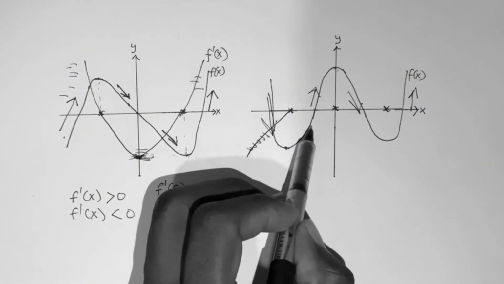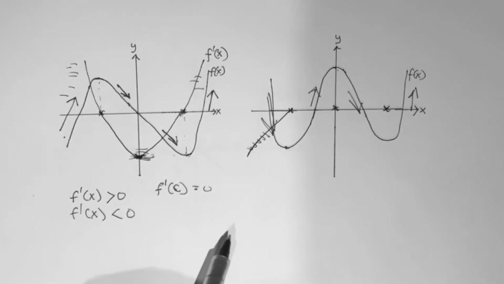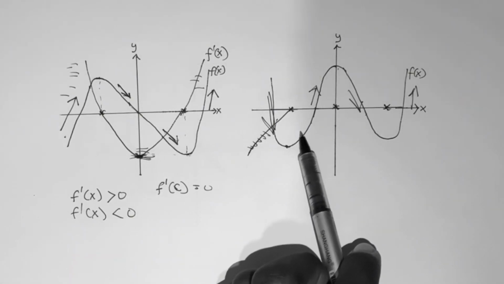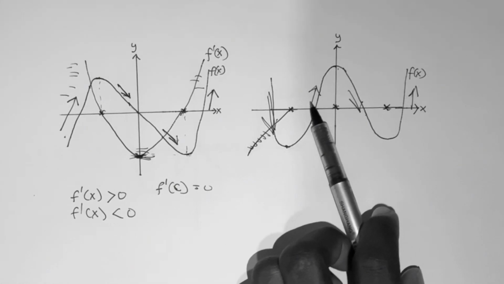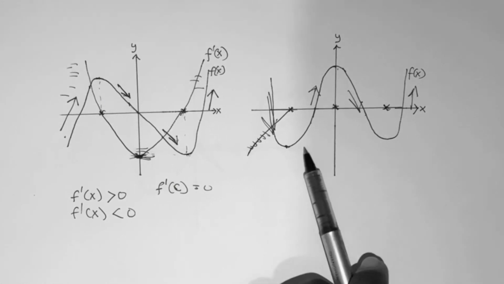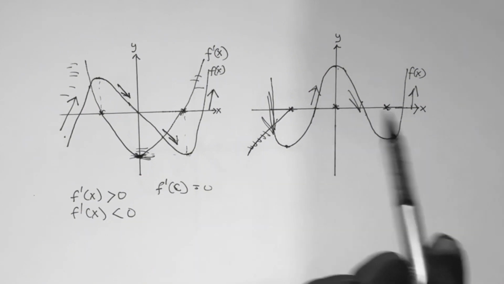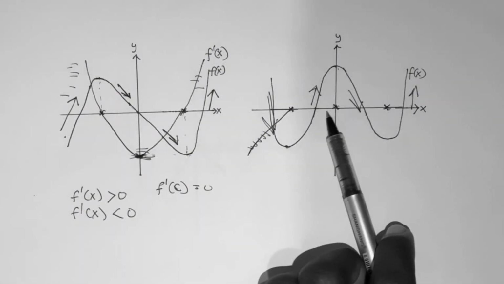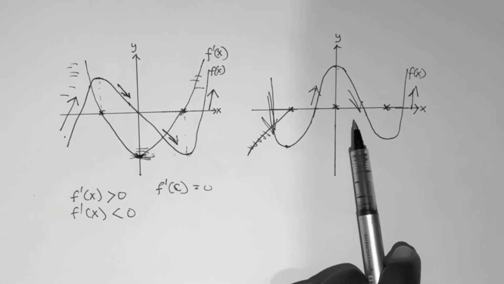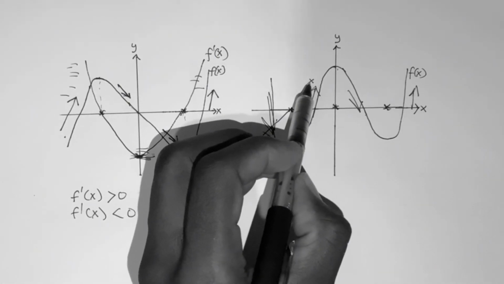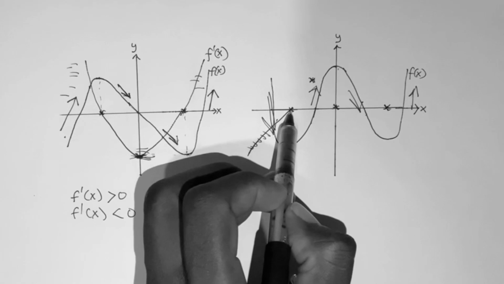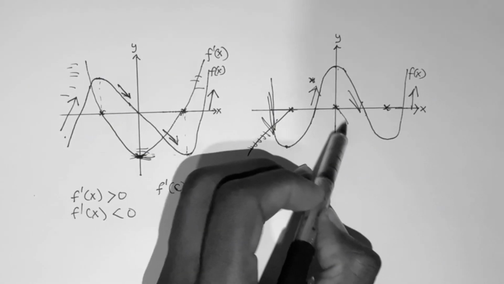But now there is a point of inflection here, and we know that the function is increasing then decreasing. So that means that we are moving from a positive to a negative. If we are moving from a positive to a negative, then the point of inflection is a local maximum, and therefore this point of inflection on f prime of x is going to be a local maximum.